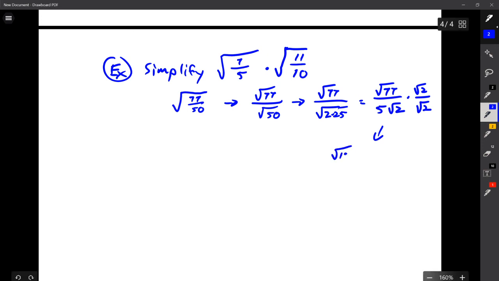That is root 154 over 5 times 2, because the square root of 2 times the square root of 2 is 2. And finally, this gives us root 154 over 10, and that is as far as we can go there.